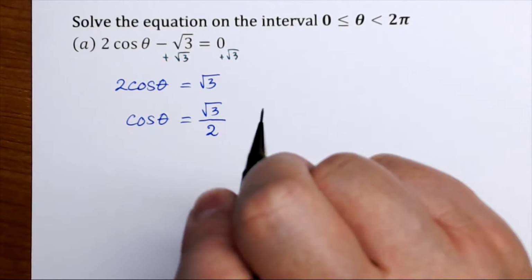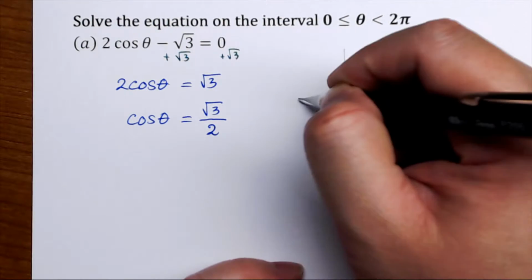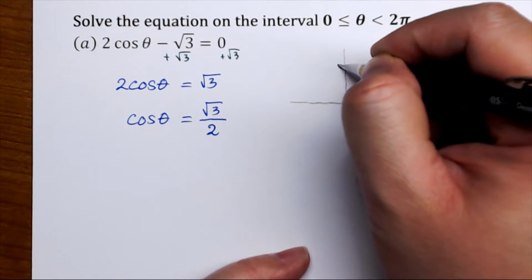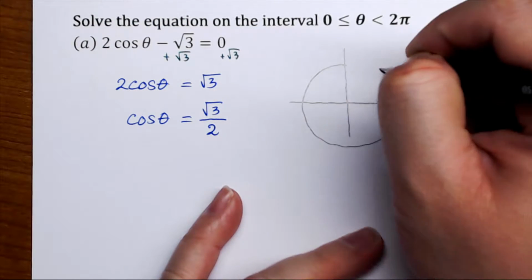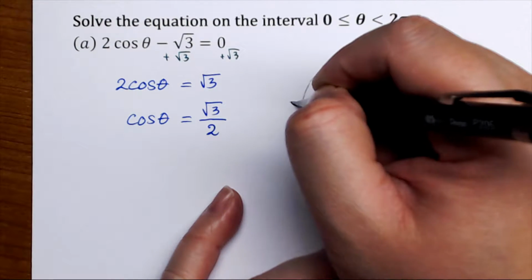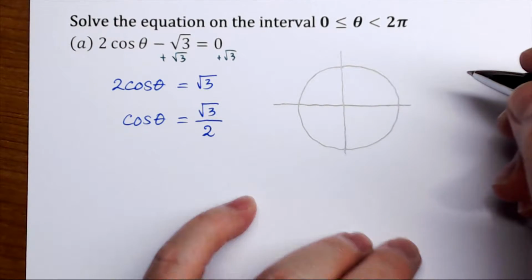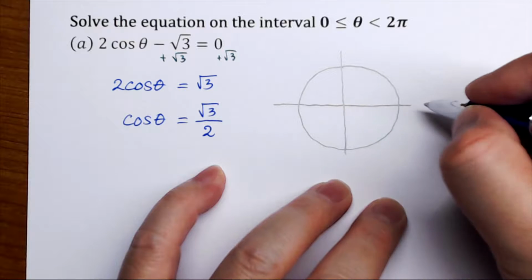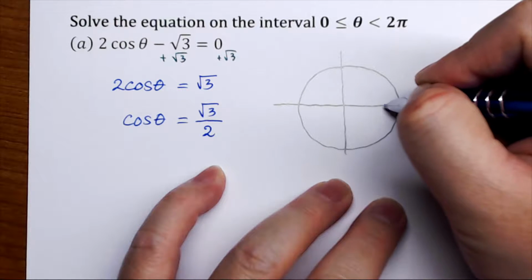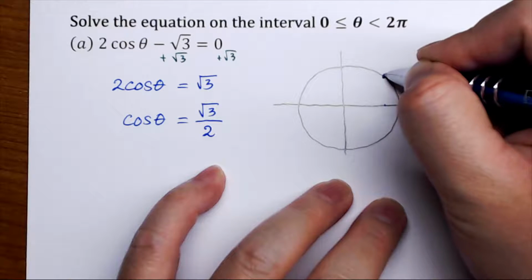Now let's take a look at the unit circle real quick. Cosine is associated to the x values. So we have x is about square root of 3 over 2, so that's more than 1/2. So we're going to have this point.